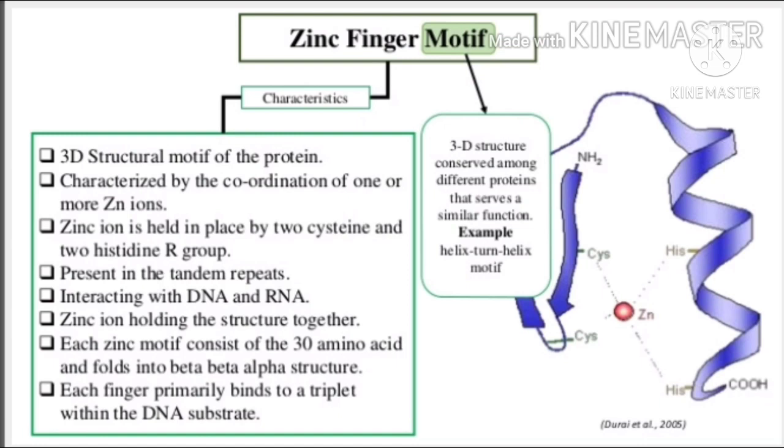Zinc finger motif is usually associated with DNA and RNA. Or simply we can say that zinc finger motif is a region where DNA and RNA bind. So zinc finger motif is mainly meant for the binding of either DNA or RNA. The structure of zinc finger motif is maintained simply by the zinc ion.